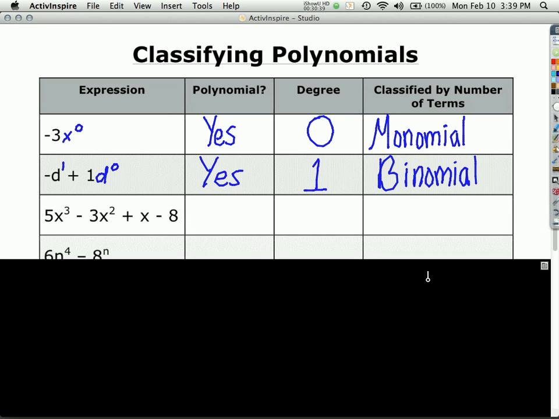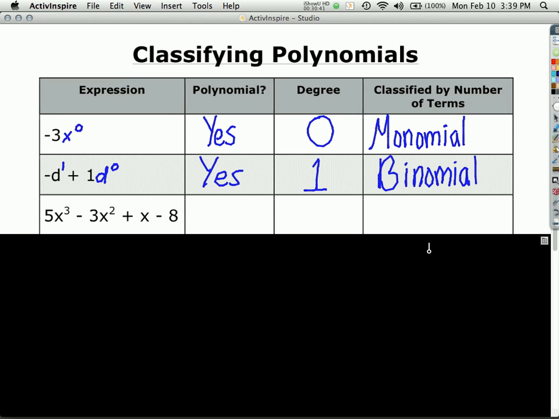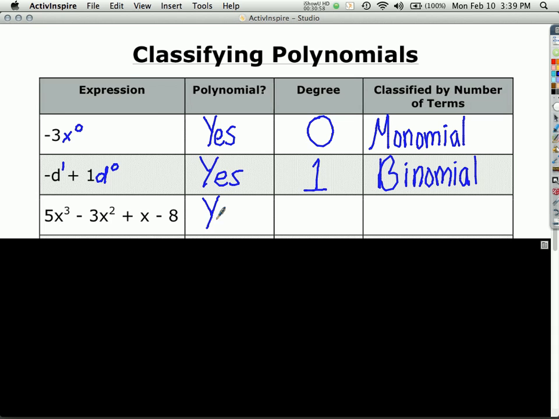All right. What about this nasty-looking expression? It's pretty similar to the one I used for the other definitions. So it should be pretty clear to you that this is a polynomial. What is its degree?